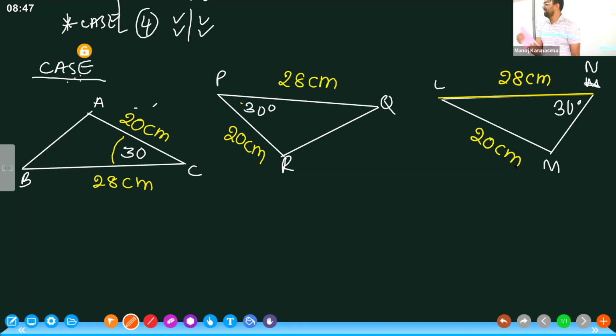But when you consider these three triangles, there is a pair of triangles which is getting congruent to one another.